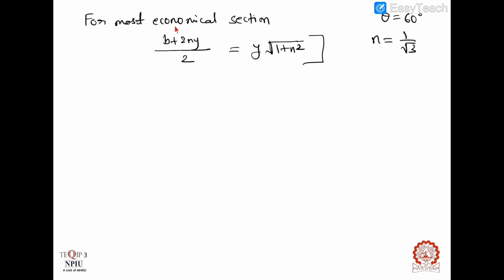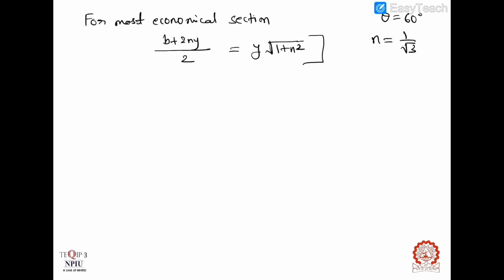This is the condition of most economical channel section, and now we are finding another condition.